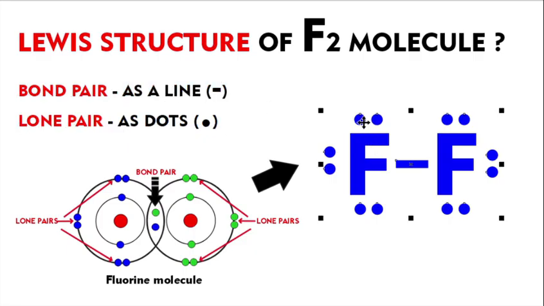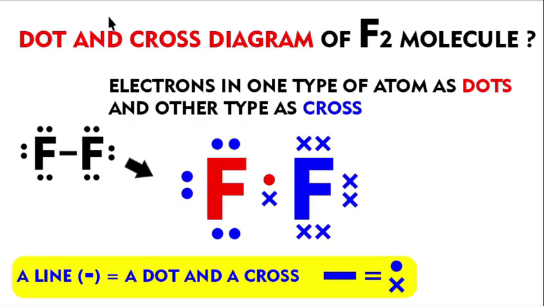So the lone pairs are indicated as dots like this around the fluorine atoms. Right? So there are 3 lone pairs in one fluorine atom. So this is how they are shown. This is called the Lewis structure. The bond pair as a line, the lone pairs as dots.